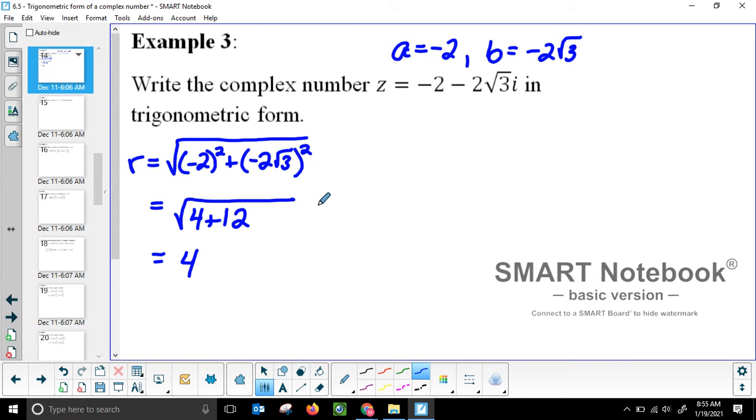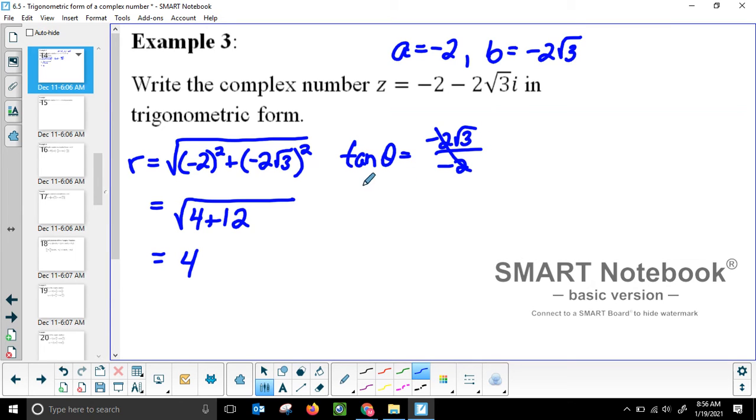Now we just need to find our theta. So we know that tangent of theta is equal to b over a. Well, my -2's will cancel here, so this is just the square root of 3. Again, if we look at the unit circle, this is one of our nice values.